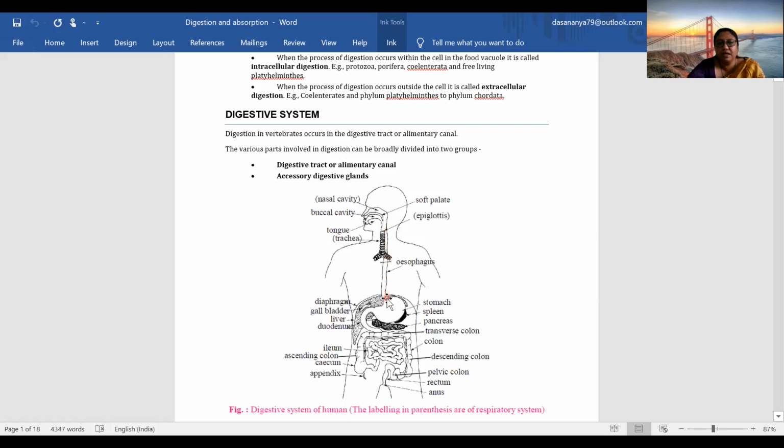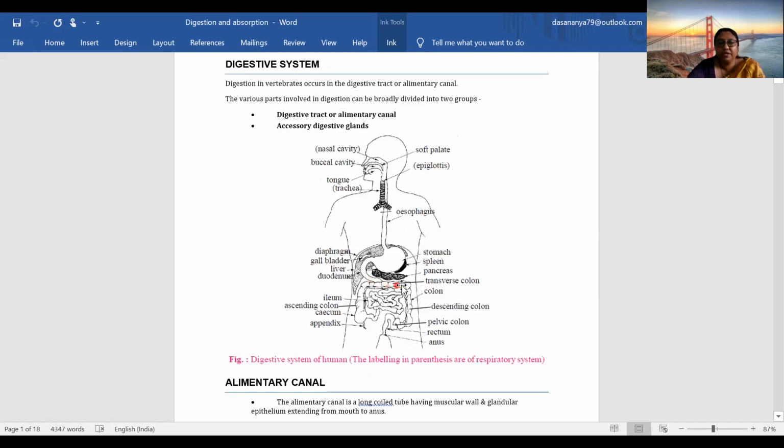It will come here and end up in the stomach. The stomach is a J-shaped muscular sac. After the stomach, there will be this big and coiled structure, which is the intestine. The intestine can be further subdivided into large intestine and small intestine.